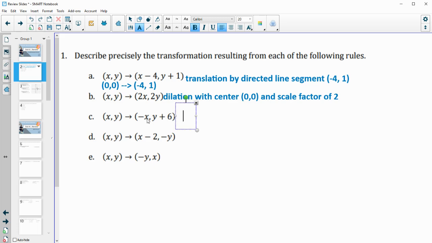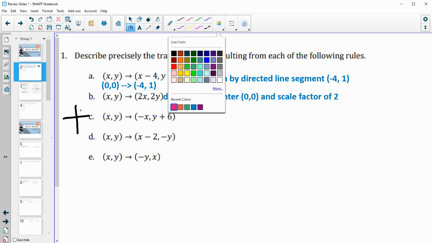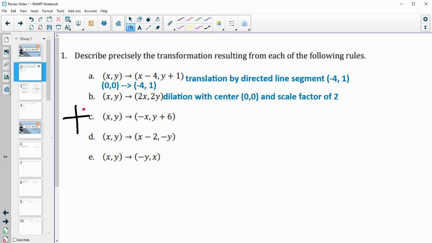Next one has two different things happening here. This negative in front of the x actually flips your x values and makes them opposite. So if we had a positive 3 x value, now it's going to be at -3. So that's going to reflect this over the y-axis.